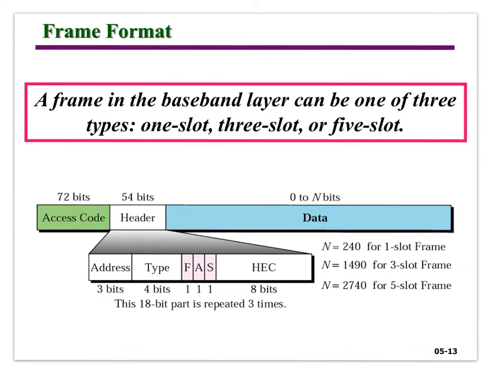So Bluetooth uses the maximum type of redundancy in the header and repeats this header part 3 times, so that it uses some kind of majority vote mechanism. So even if some of the bits of the header have changed, it takes the majority vote.